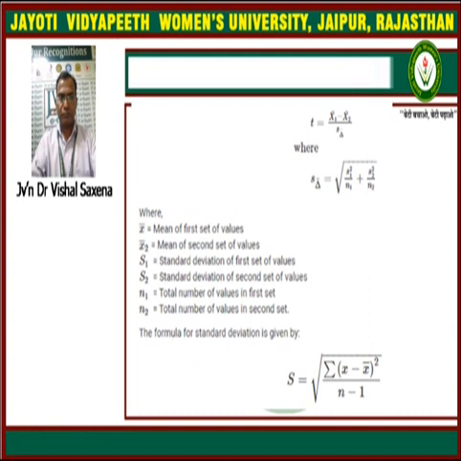The formula for standard deviation is given by s is equal to root over summation of (x minus x bar) whole square upon n minus 1.